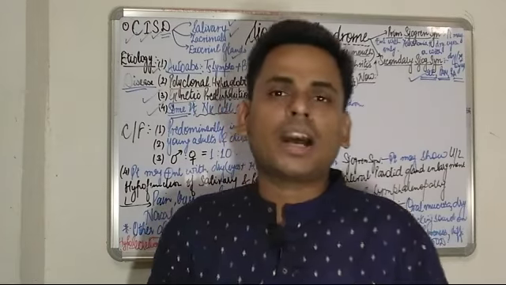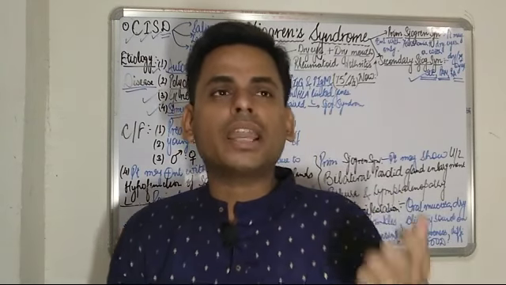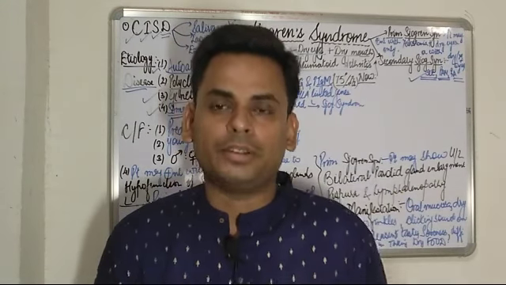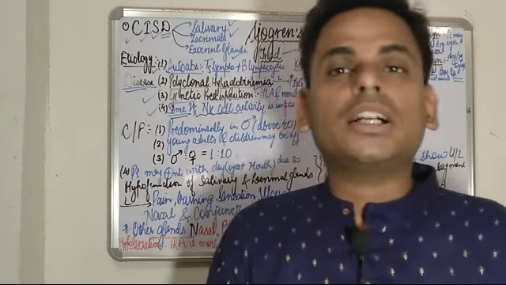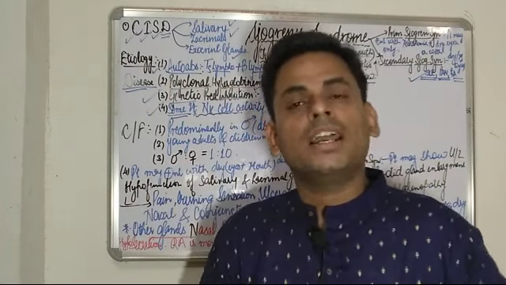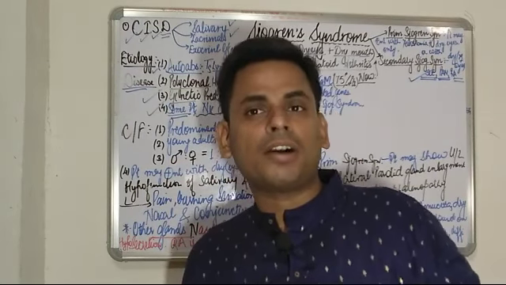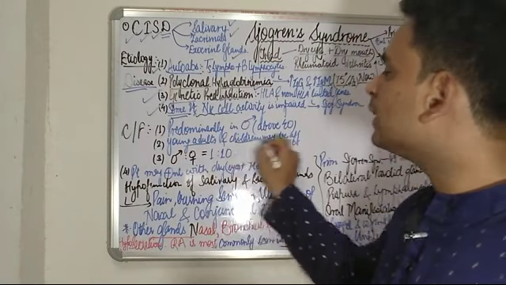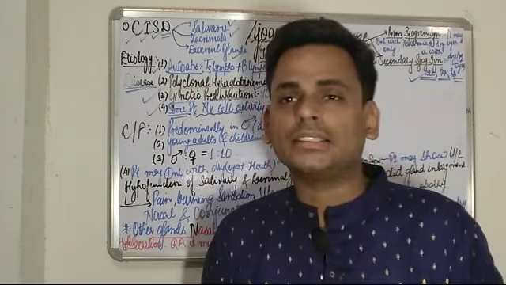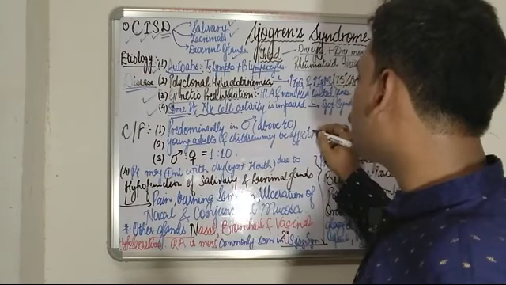Moving on to the clinical features. It is mostly found that Sjogren syndrome, an autoimmune condition, predominantly occurs in elderly women, that is women above the age of 40 years. In some cases young adults as well as children may also be affected.